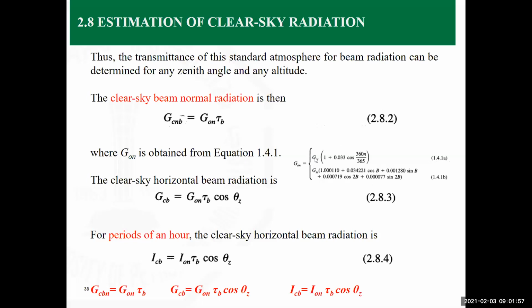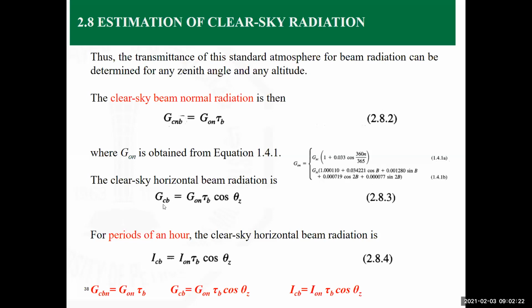It's the solar constant, and then the constants and cosine of 360n over 365, where n is the number of the day throughout the year, starting from 1 on the 1st of January and ending with 365 on the 31st of December. Then, talking about the clear sky horizontal beam, that's why the zenith angle is considered here, cosine of the zenith angle.